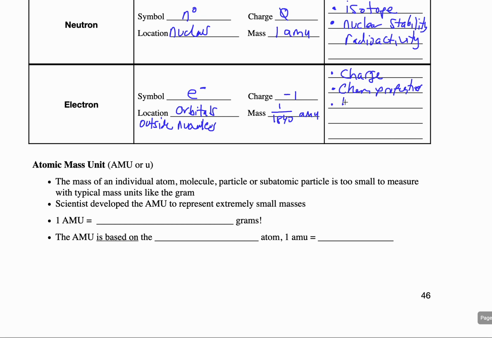They determine the number of bonds that an atom is able to form. They are also what is responsible for producing light, and it is their action that produces electricity. So electrons are pretty important, and in the realms of everyday chemistry, the electrons are probably the subatomic particle we pay the most attention to.